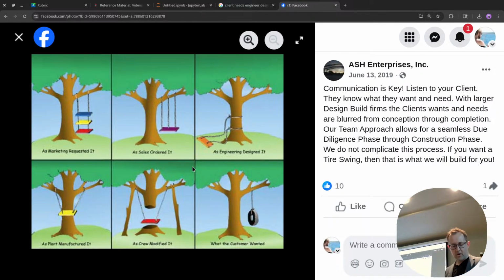It's kind of like what marketing said you need, a swing set with three things.